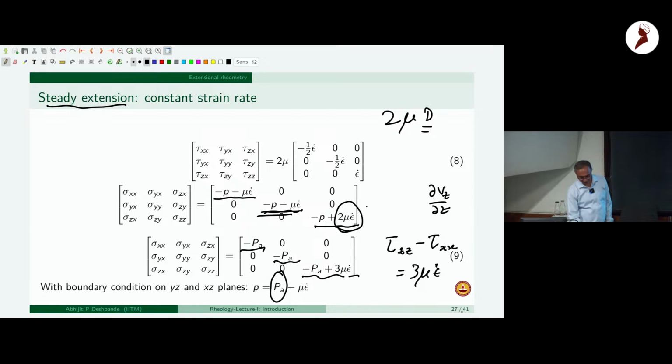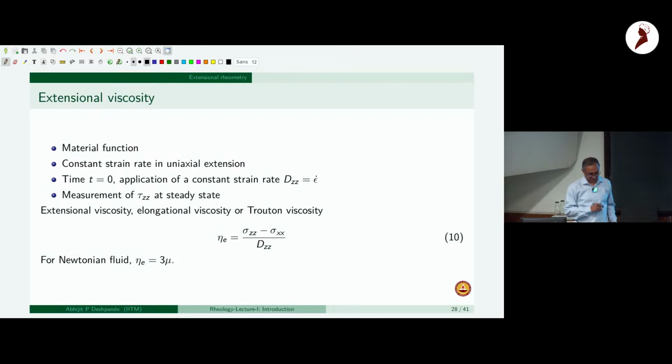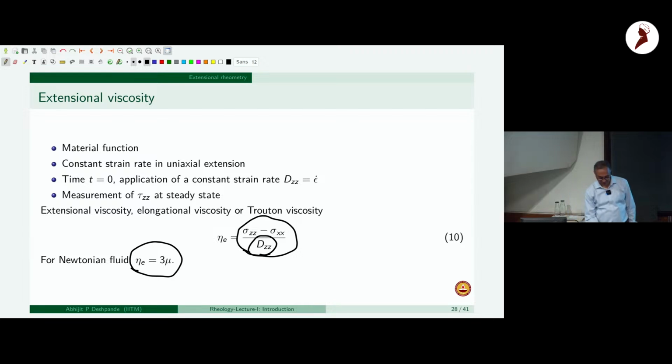Because we have normal stresses where pressure is undetermined, we use the difference between the two normal stresses to define viscosity, what's called the elongational viscosity. So elongational viscosity is sigma zz minus sigma xx divided by the strain rate being applied, the stretching rate. For Newtonian fluids, as we saw, it's just 3 times viscosity, and this is also called the Trouton ratio.